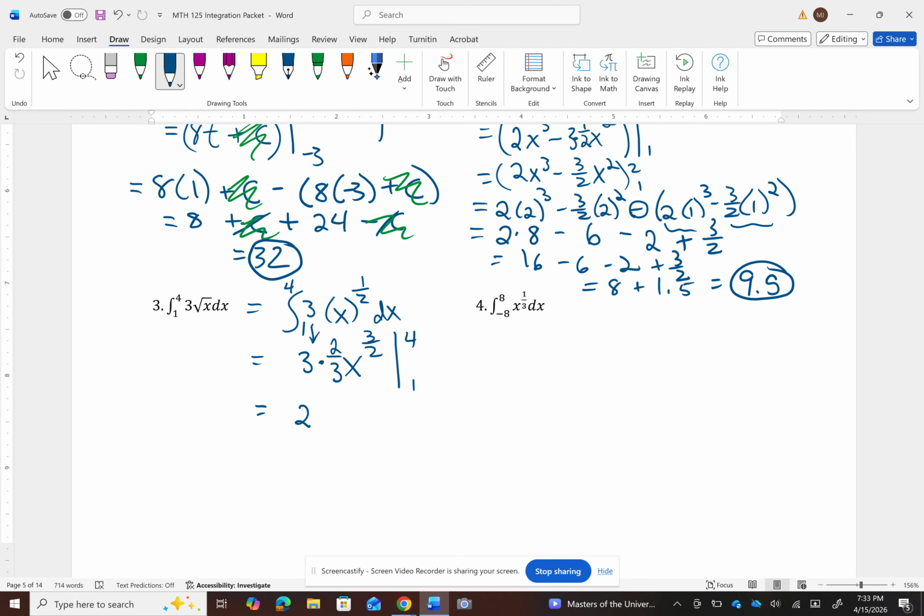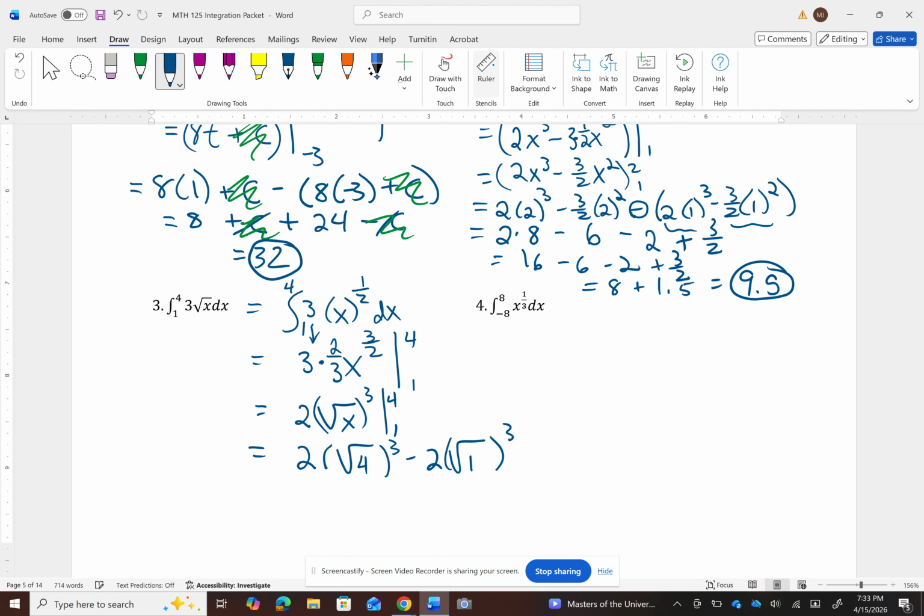And x to the 3/2, I like to think about it using radicals when I'm evaluating. So it's really the square root of x that's then cubed. So let's plug in the top limit minus what happens when I plug in the bottom limit.